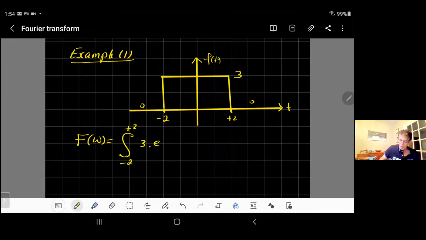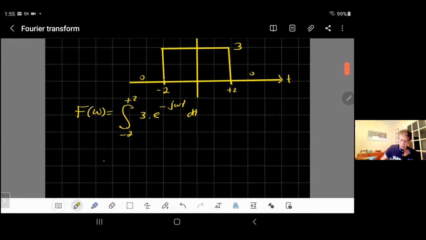You multiply it by e to the minus j omega t dt, and then you do the integration. That's a very simple one. By the way, when you have a complex integration, I put a table of integration in the handout, so just use the formula. It's not questioning you on how to do the integration; use the table.